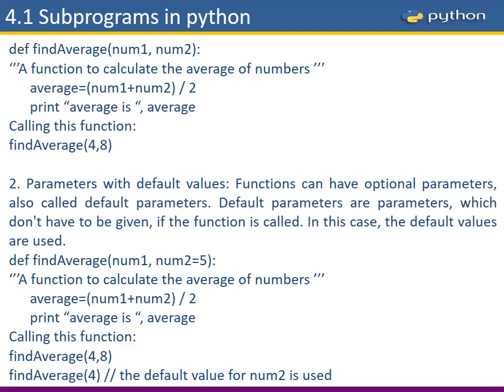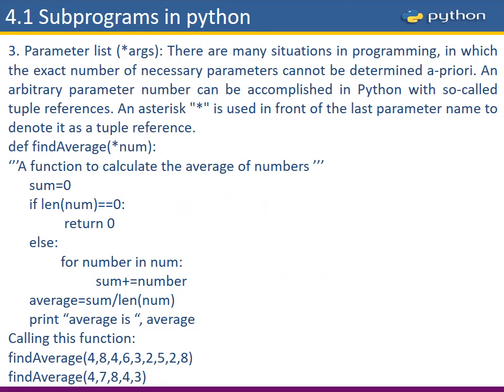So now let's see another parameter list. We have this list with the asterisk args inside the brackets. There are many situations in programming in which the number of necessary parameters cannot be determined in advance.